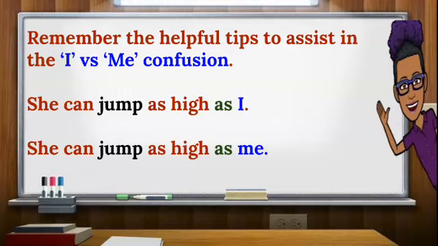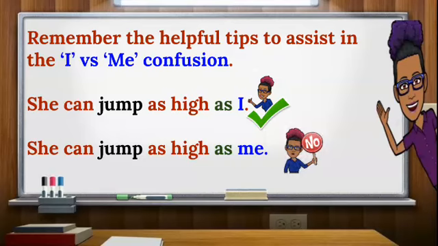So we know that as before the I is our correct sentence. She can jump as high as I, and not she can jump as high as me. Although we have that verb before the object pronoun, that as tells us that we have to use our subject pronoun I.